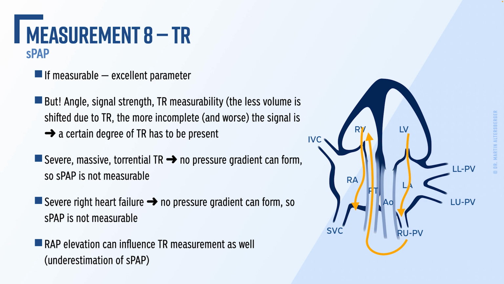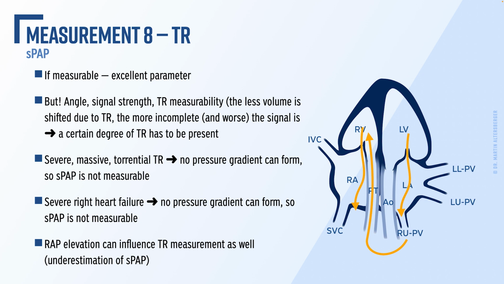Also in severe, massive, or even torrential tricuspid regurgitation, you cannot use it because the pressure gradient that can form is too little. So there is no real pressure gradient. So the sPAP measurement, the measurement of systolic pulmonary arterial pressures we do via the modified Bernoulli equation, is actually not measurable.